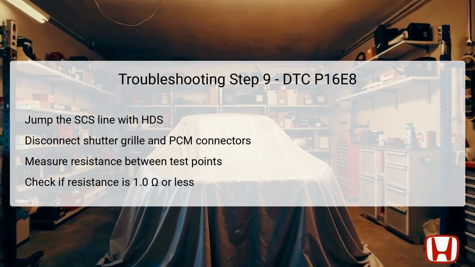The key focus is evaluating the resistance between terminal female number 3 of the shutter grille connector and PCM connector A number 10. For the circuit to be considered in optimal condition, resistance must equal 1.0 ohm or lower.